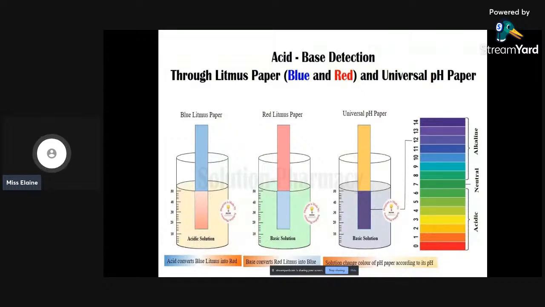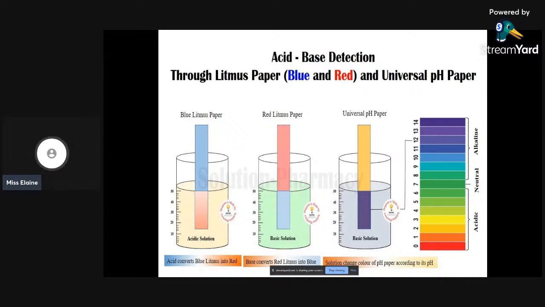Okay, so we have here acid-base detection. Through litmus paper, we have blue and red. This is the universal pH paper. It enables you to understand what pH is in an acidic solution.